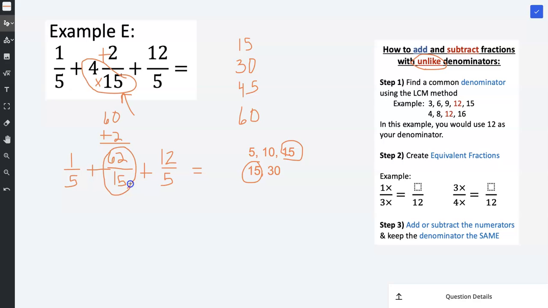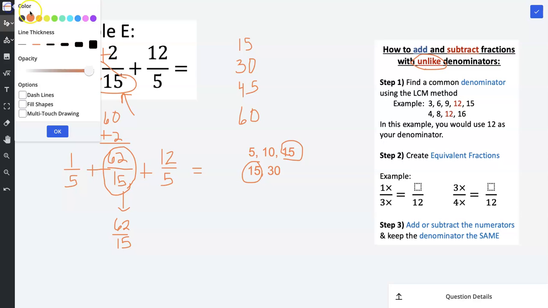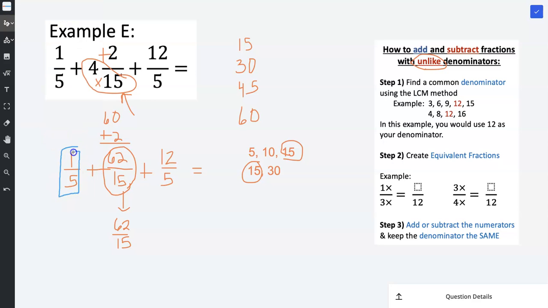So 62 over 15, I don't need to change this one because it already has a denominator of 15, so I'll just leave that one alone. But I'm going to change 1/5. We need its equivalent fraction. So I'll record 1/5. I'll record the new denominator that we needed to have, and then we need to think about the scale factor that we're going to multiply the numerator and denominator by.